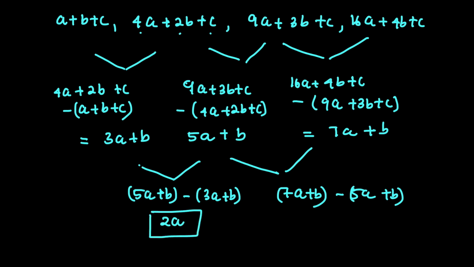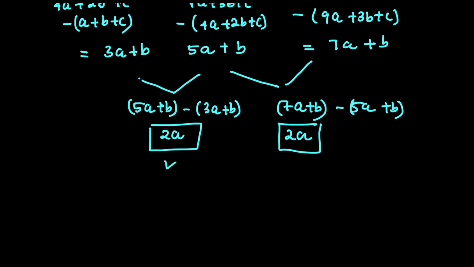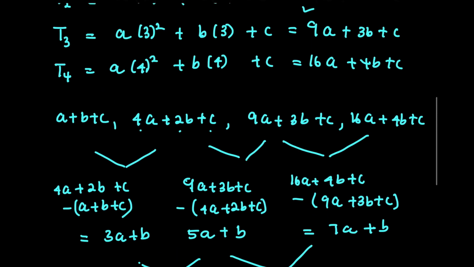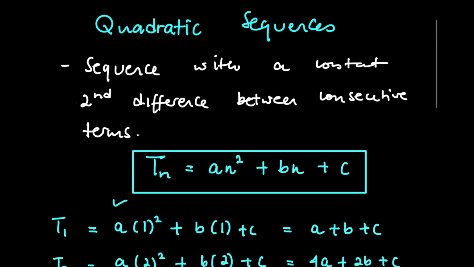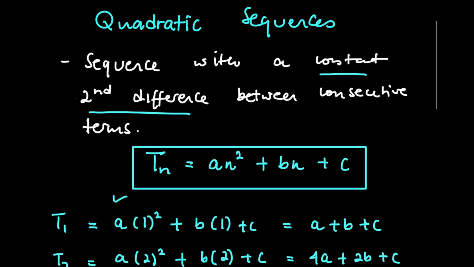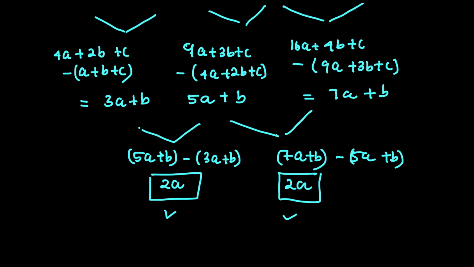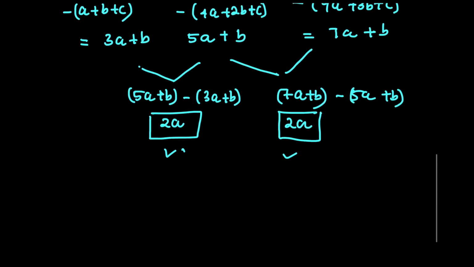So our answer here is 2a, and then 7a minus 5a, that is 2a, b minus b, that's 0. So it's 2a. With this, we have confirmed that a quadratic sequence has a constant second difference, and this constant difference here is 2a, and also here is 2a.